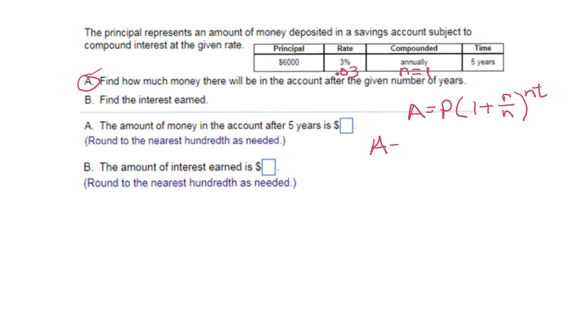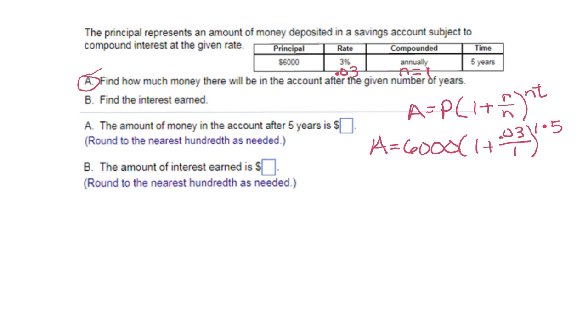We have future value is equal to $6,000 times 1 plus my interest rate, which is 3/100, divided by 1, and raised to n is 1 times 5 years.